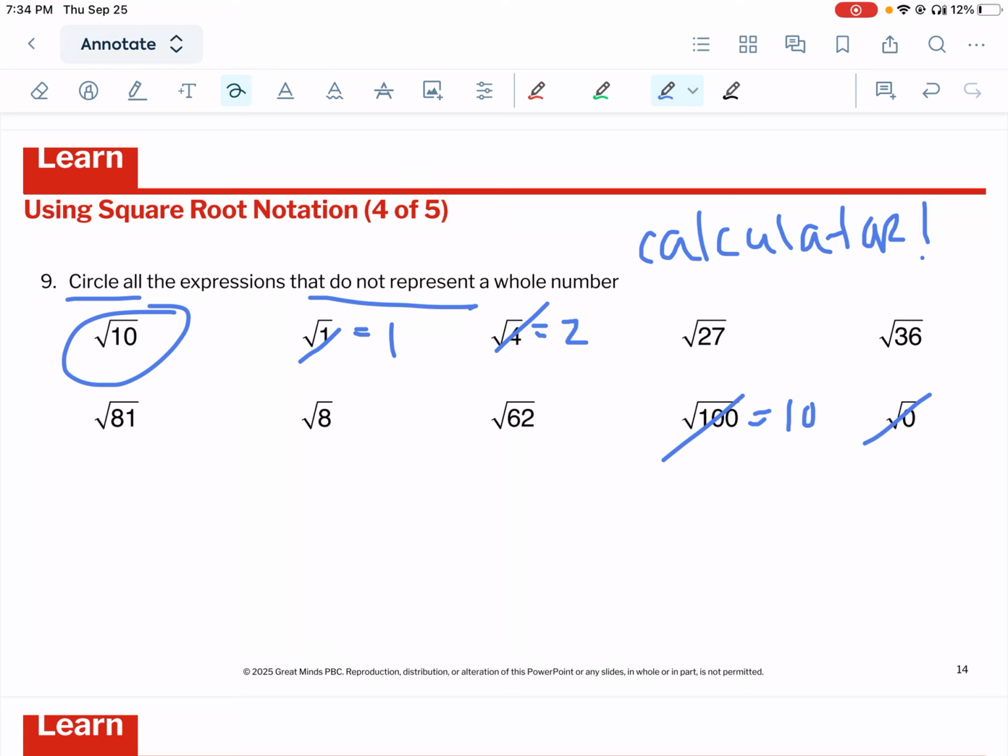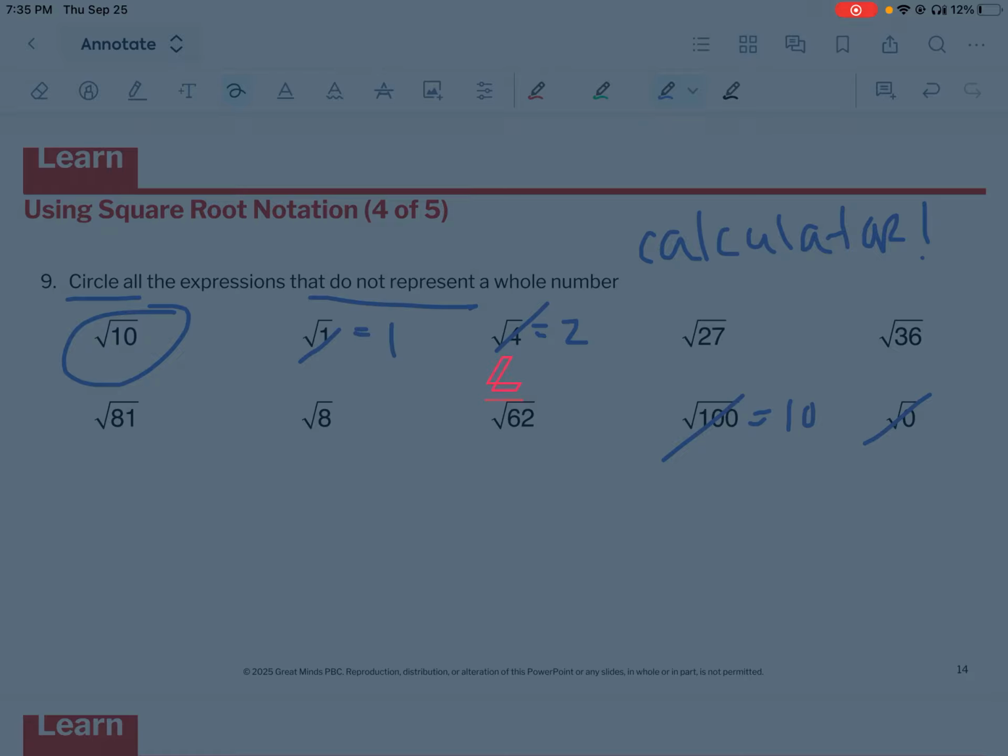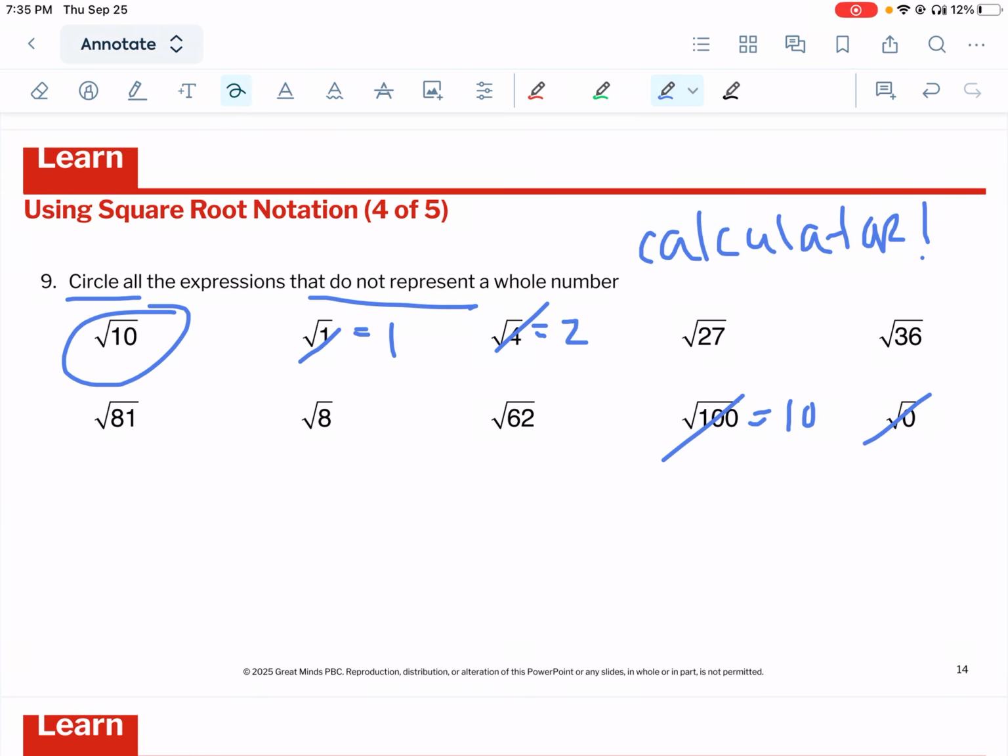I know off the top of my head that the square root of 81 is 9 because 9 times 9 is 81. That's a perfect square, so we don't need to worry about it. But if I do the square root of 8, I should come somewhere close to 3 point something because 3 times 3 is 9.